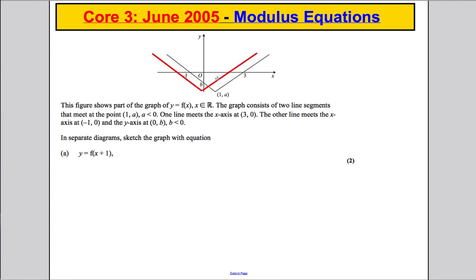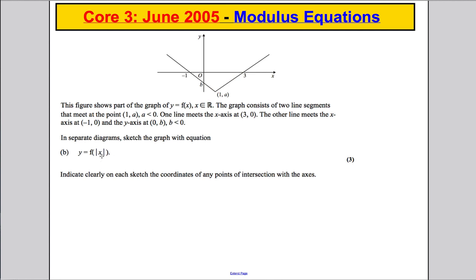So it'd be a shift by 1 unit to the left, as so. And so we could then write our various coordinates in there. Our coordinates would therefore be, this here would be the point 0, a, this here would be the point 2, and this here would be the point -2. It's as simple as that.